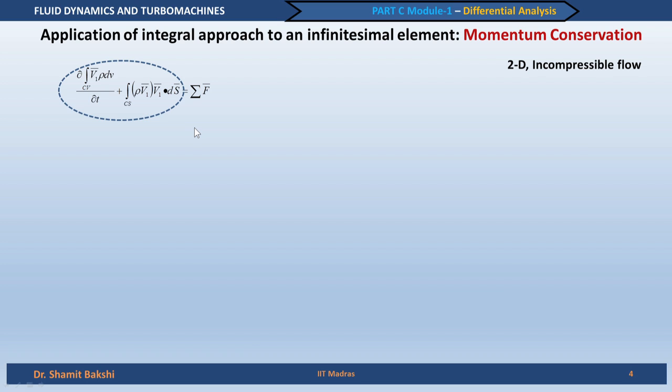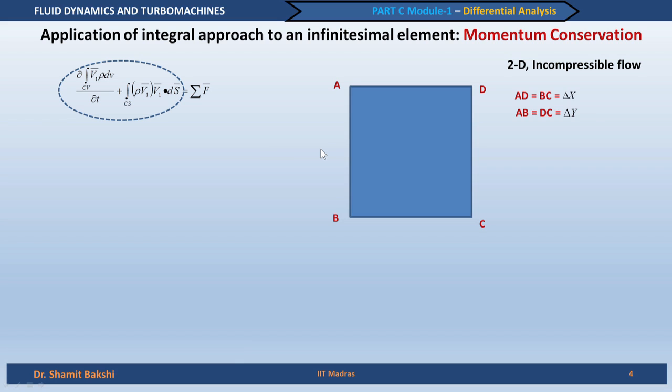So, we want to keep that expression simpler, that is why we have assumed incompressible flow, but by considering density as a continuously varying function through the flow field, we can extend the same approach to compressible flow as well.